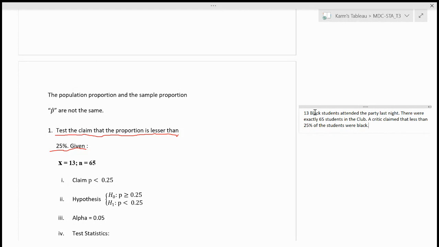For a company, if you make a claim about their product, people may tend to buy more of that specific product, or they might say, we don't want to deal with this store anymore. So that's what the critic is saying: less than 25% of the people were black. It means that they didn't really invite any black students. They tried to invite more white students or something else.